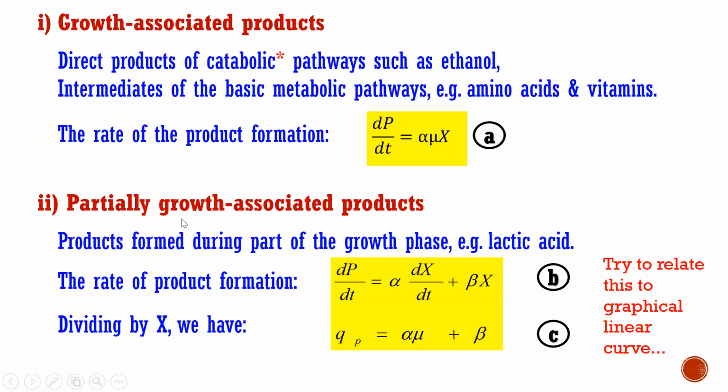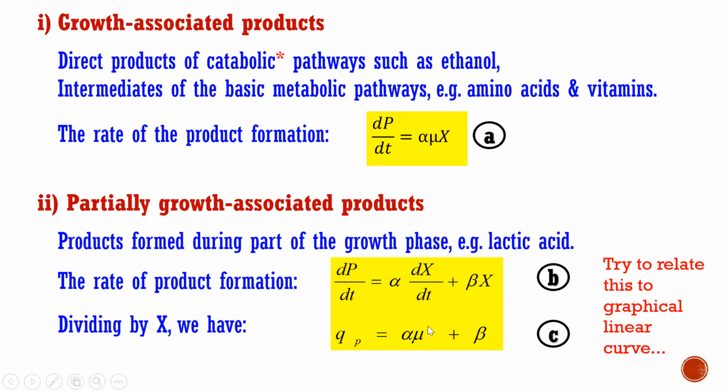And then you have partially growth associated. Looking at this, the original one is being converted to a specific form. How do you do that? Nothing but just divide it by X. When you divide dP over dt by X, it becomes the specific product formation rate, QP. For alpha dx over dt, you divide it by X: dx over dt multiplied by 1 over X becomes mu.